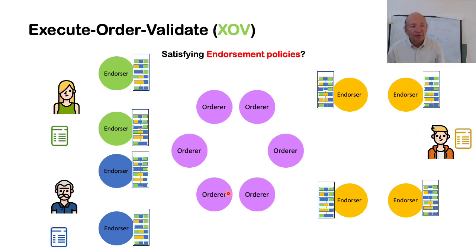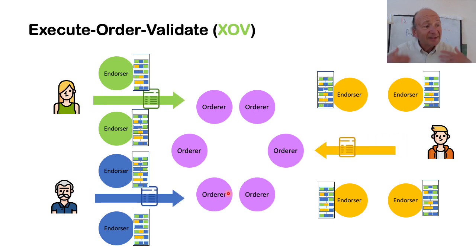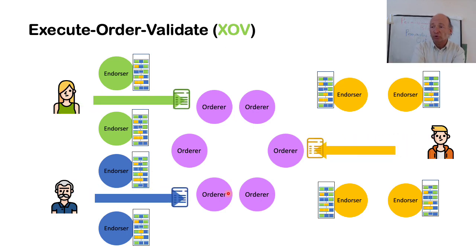Now, the various applications might have different endorsement policies. A client receives all the results from the endorsers, and based on the policy decides what to accept or not to accept, and then sends them to the orderers.